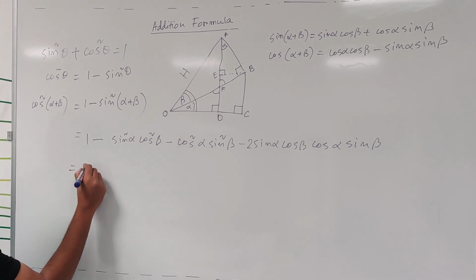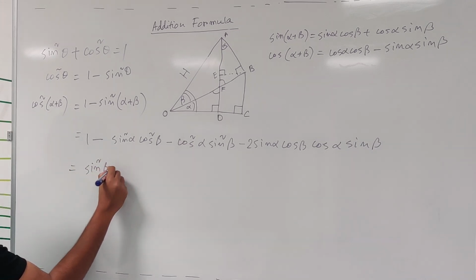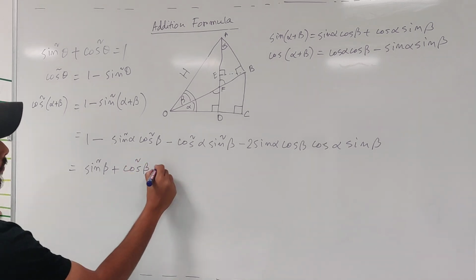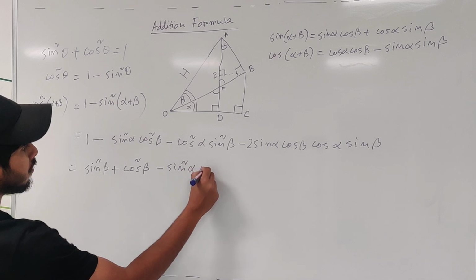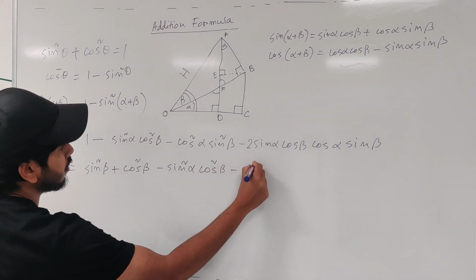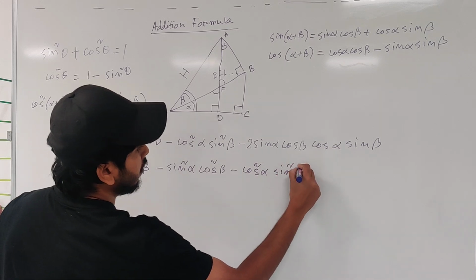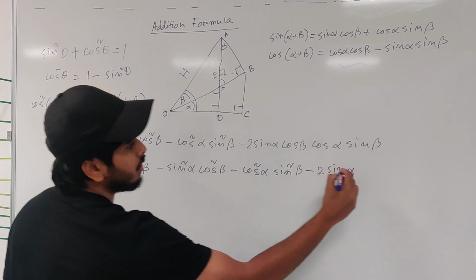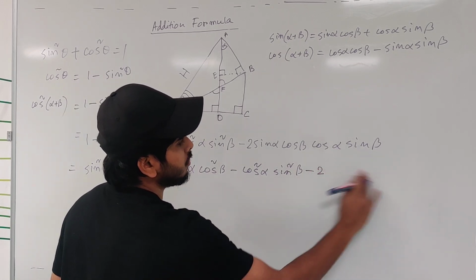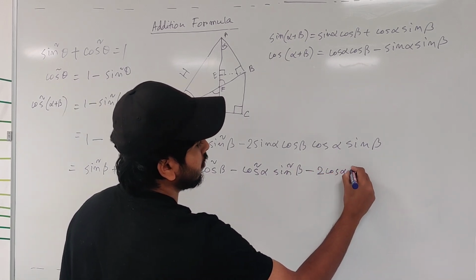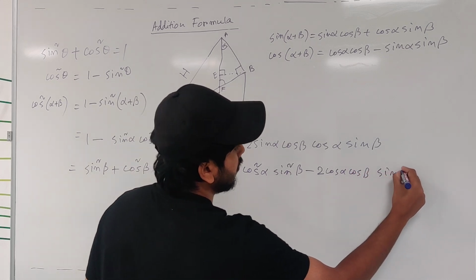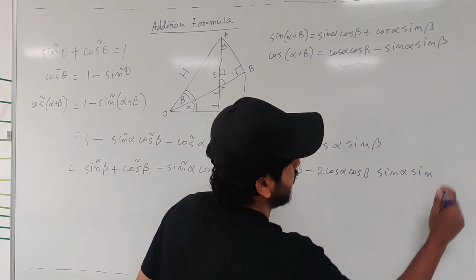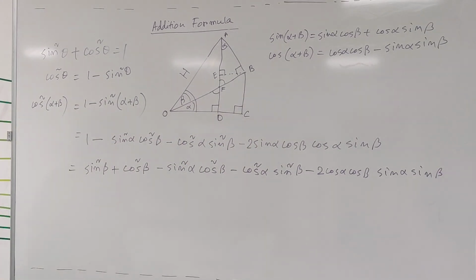I'm just going to write sine square beta plus cos square beta because I like beta more than alpha. If you like alpha, you can write alpha. Then minus sine square alpha cos square beta minus cos square alpha sine square beta minus 2, and I'm going to keep the cos together: cos alpha cos beta sine alpha sine beta.